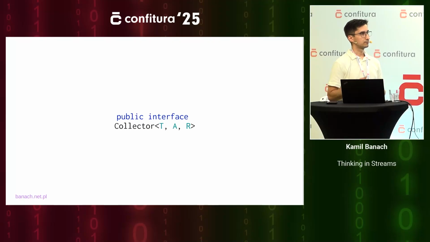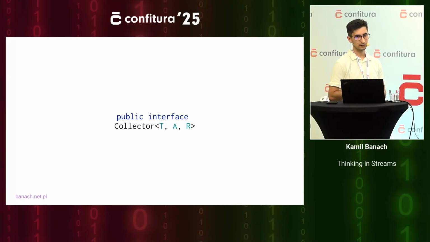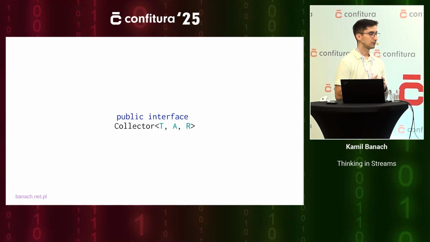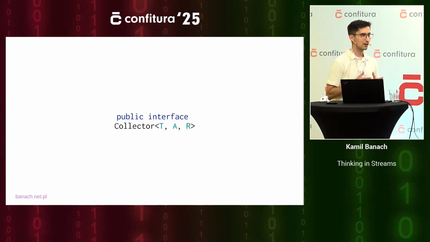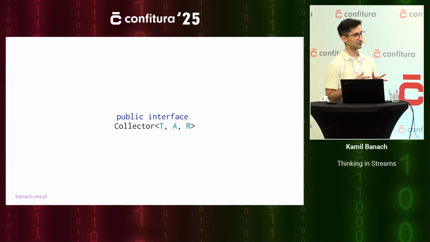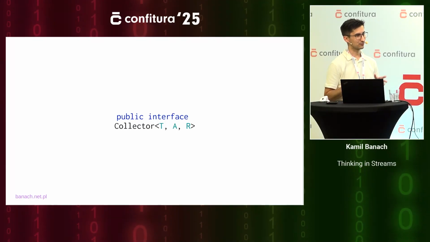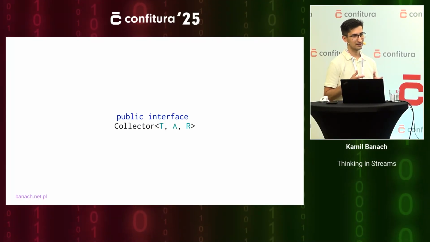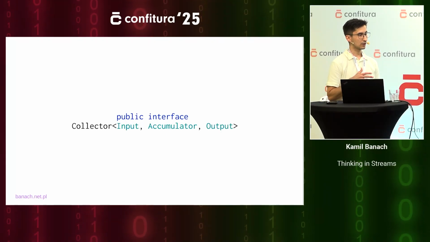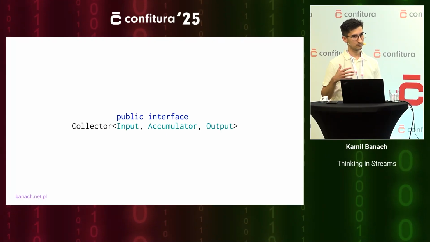So this was the only place where we were able, and are able, to extend the Streams API. And we have a pretty nice interface to do it: Collector<T, A, R>. Honestly, I do not know why all interfaces in Java have such short names for generics. It's hard to comprehend what that means, so we can look at a better description.